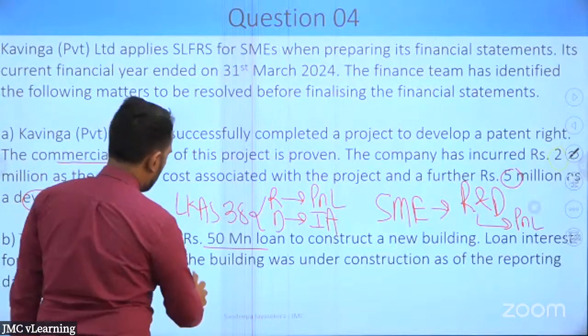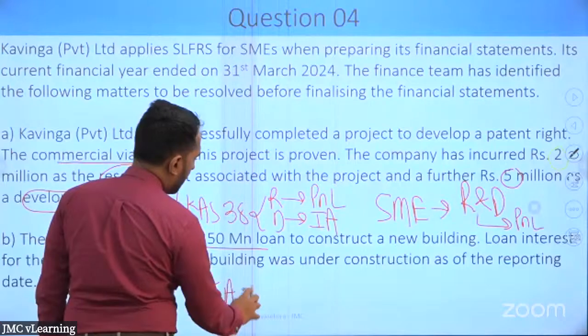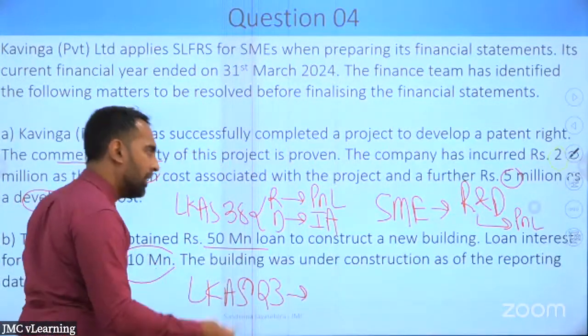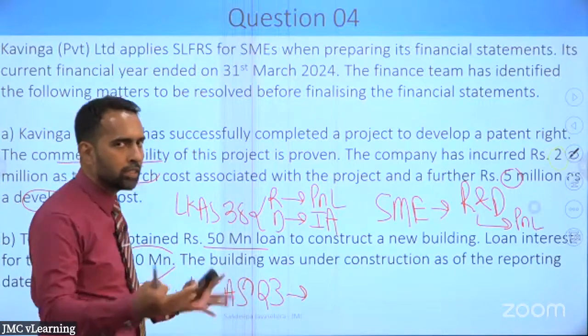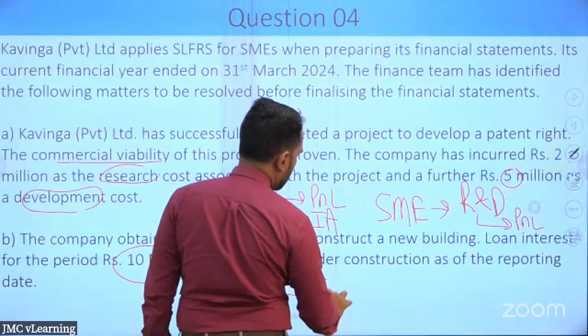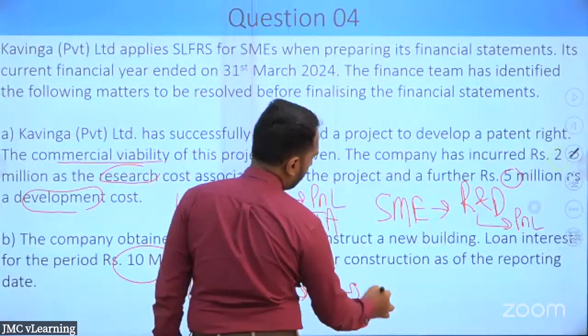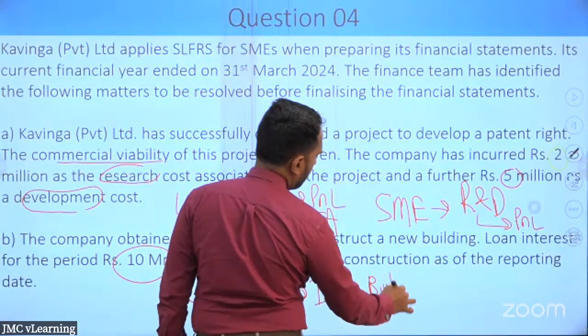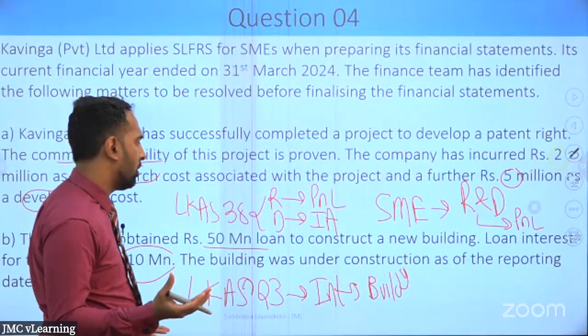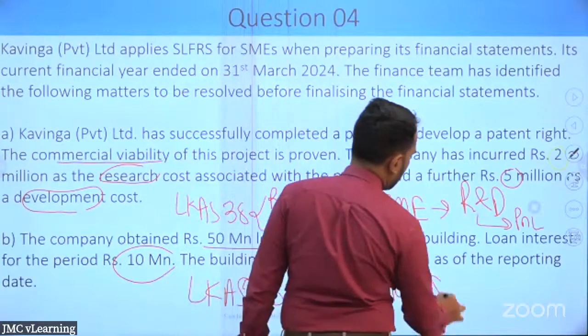Now, if we apply LKAS 23 borrowing costs, this is a building which is under construction. It takes time. Therefore, it's a qualifying asset. You could have capitalized the interest to the building if it is a qualifying asset. But now this is an SME.